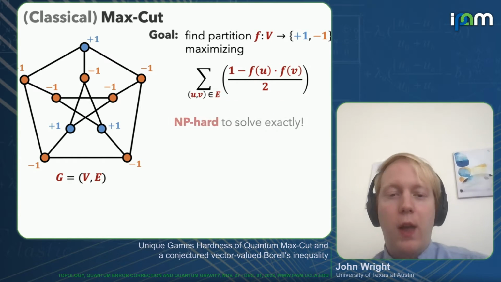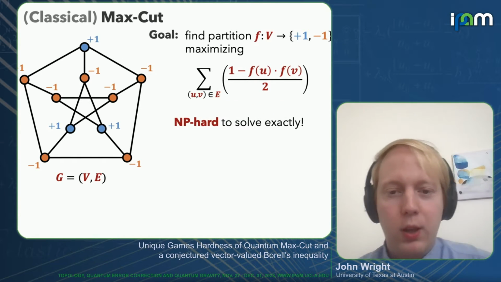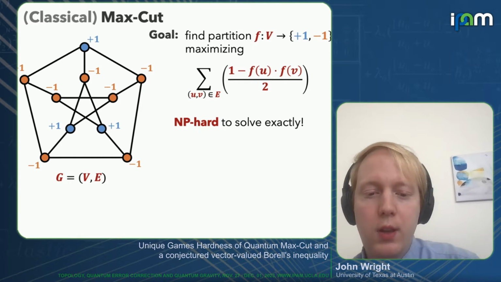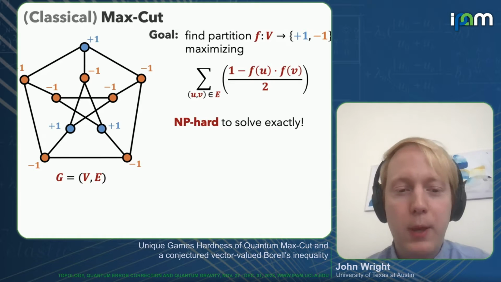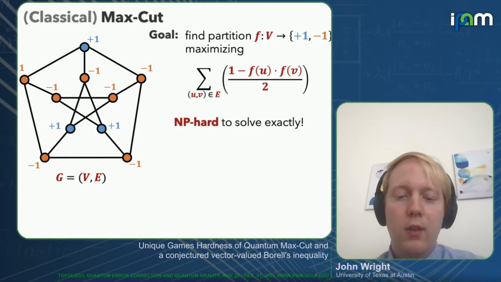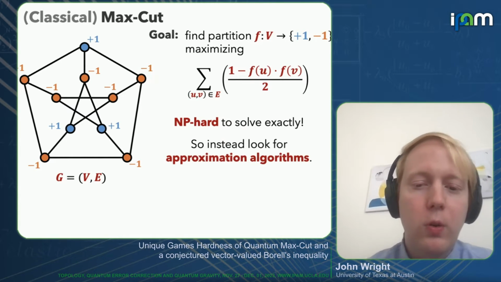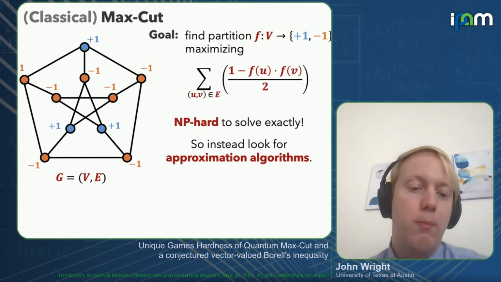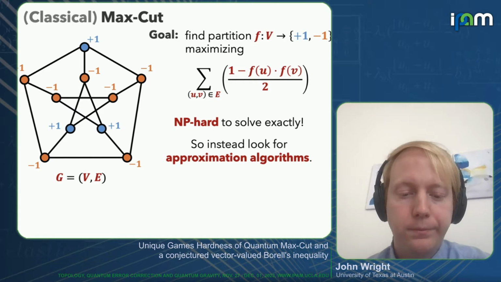So this problem is a classic problem in computer science. It was shown by Karp in the 60s, I think, or maybe 70s, that this was NP-hard to solve exactly. And so what people in theoretical computer science do is instead they look for approximation algorithms, which try to find the best possible solution.